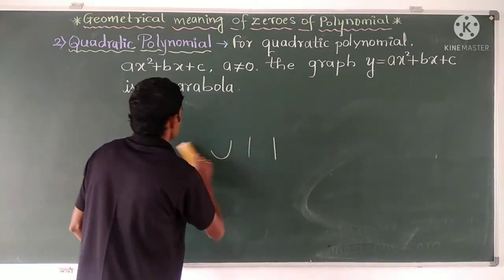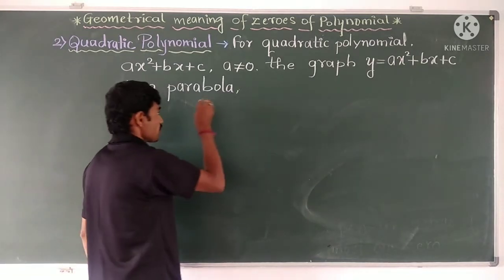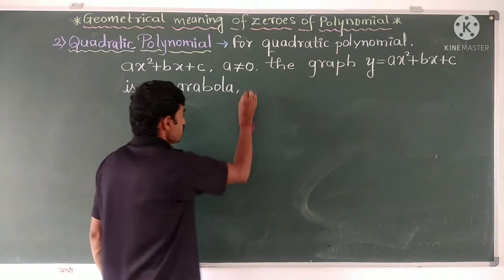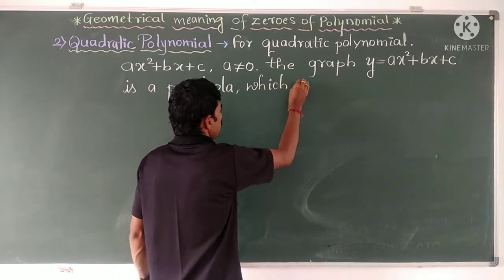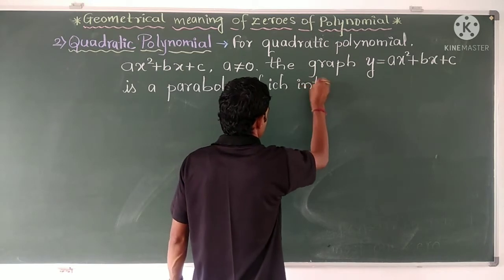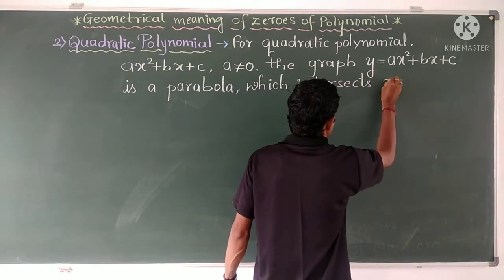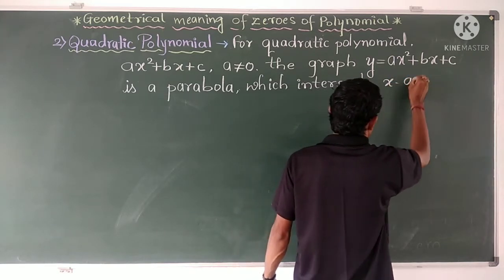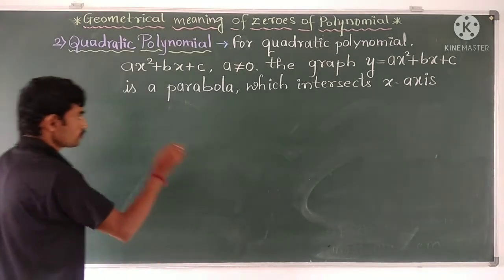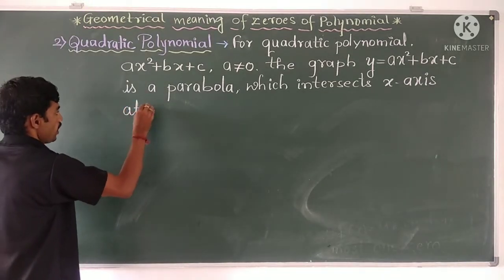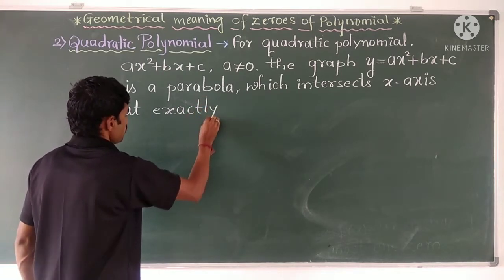Yes? Okay. So this parabola intersects the x-axis at exactly 2 points.